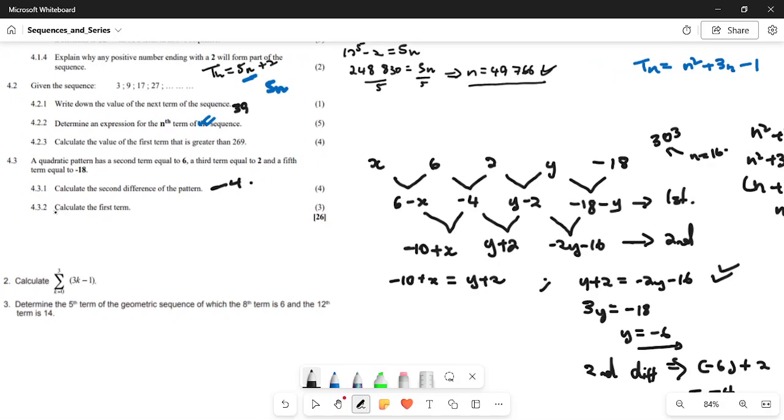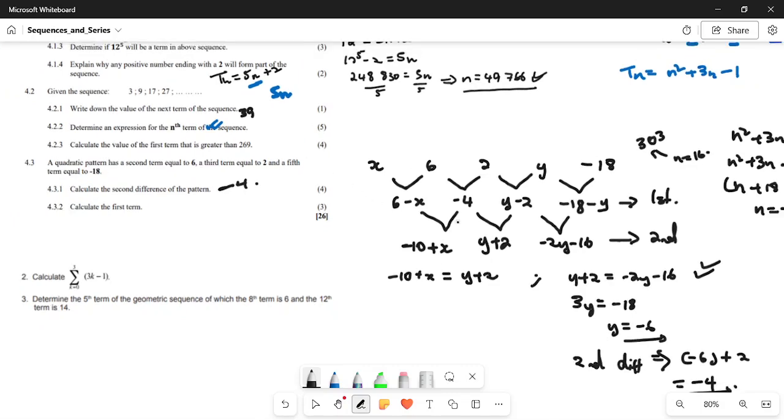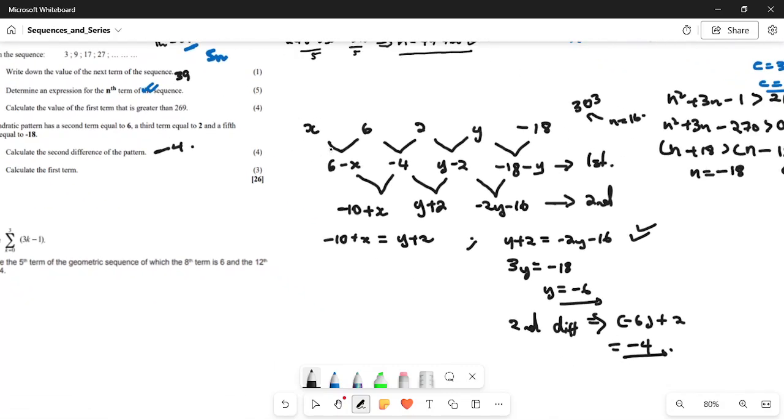Now, the following question: calculate the first term. Okay, what is the first term? Which, in this case, we named to be x. So they want to know what the first term is, and that's just 3 marks. Okay, let's work upwards, right?